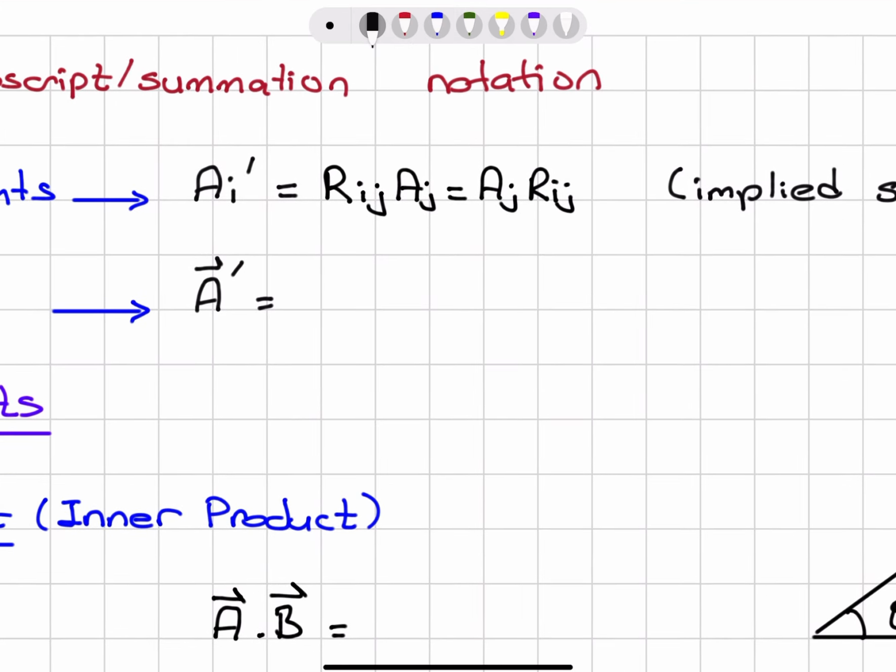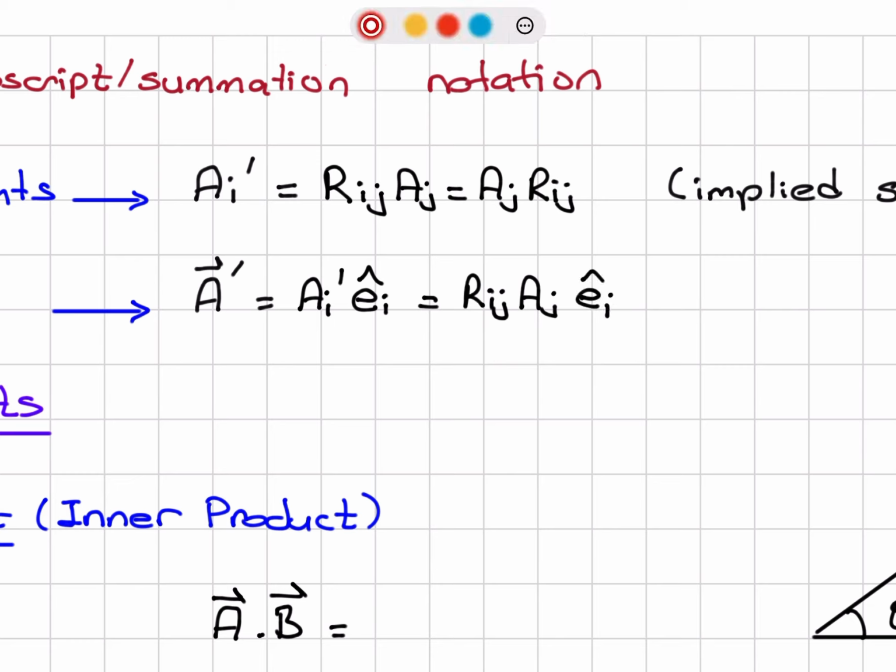And the A prime vector actually has components Ai prime written in terms of the basis vectors Ei hat, and this is just Rij Aj, which gives me the components of vector A prime multiplied with Ei hat.